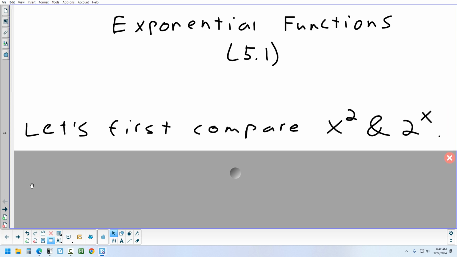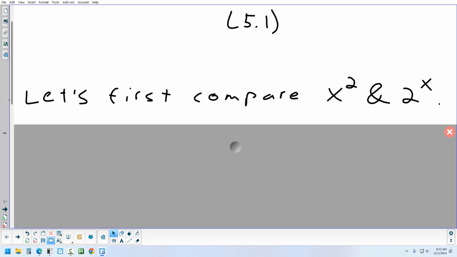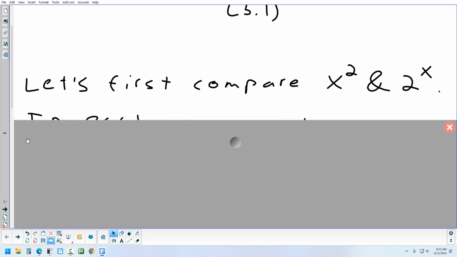All right, so first thing I want to do is just compare these two things, not even drawing them yet. I'll draw them in a little bit. But just looking at how they compare to each other. When you write something with a number lower and then something higher, there's a name for each of those pieces.